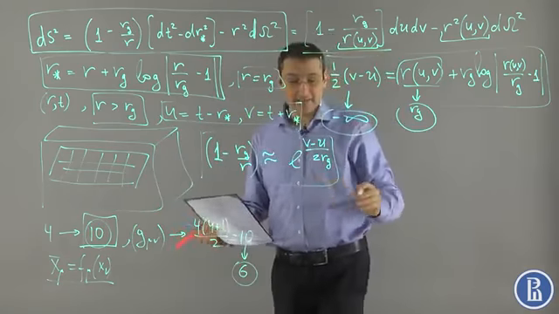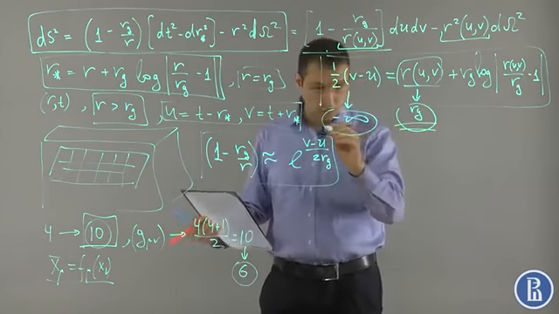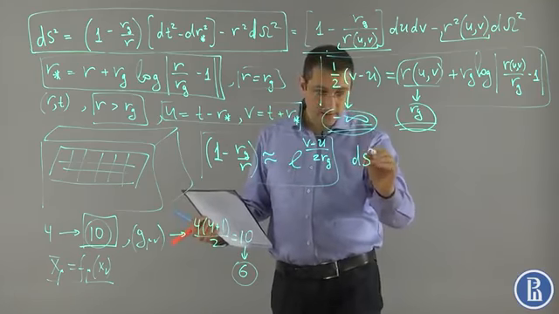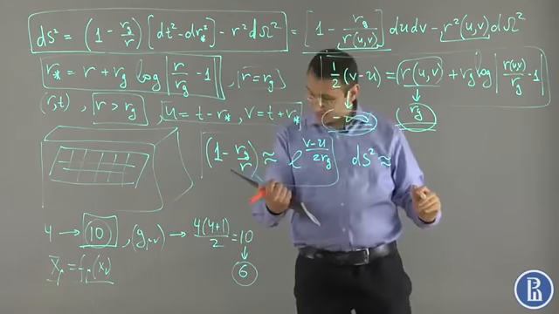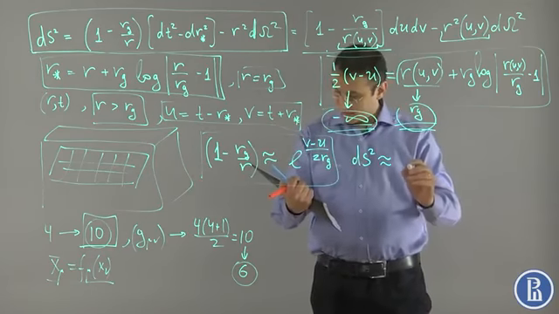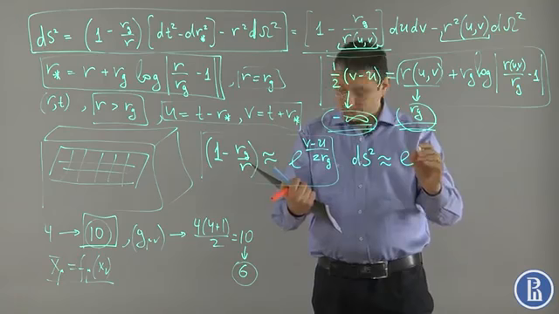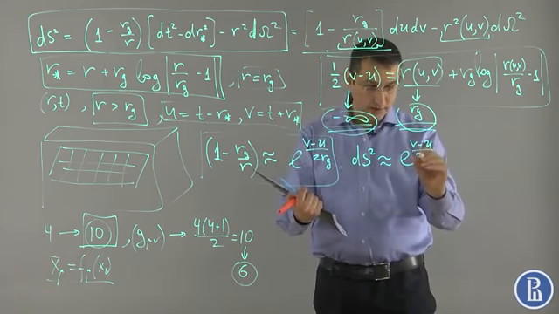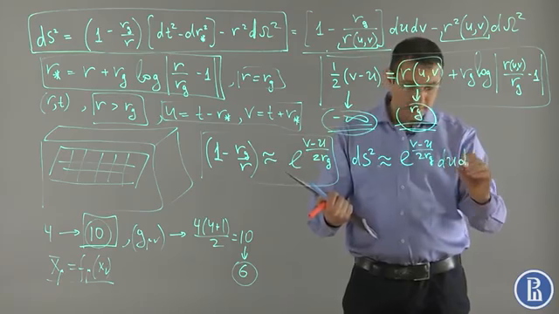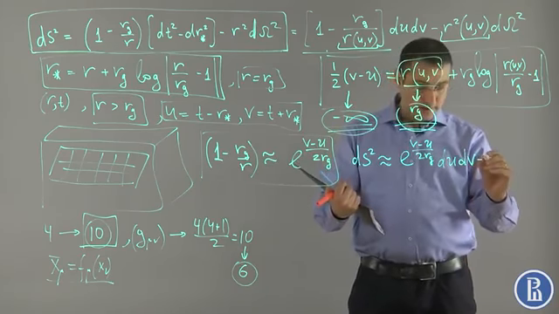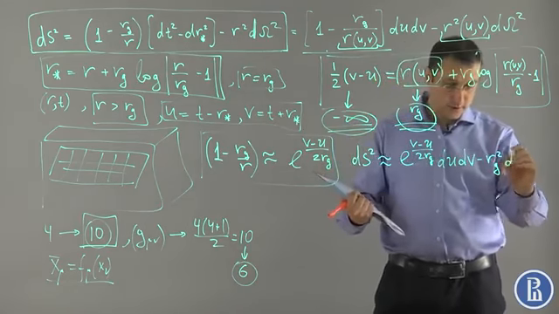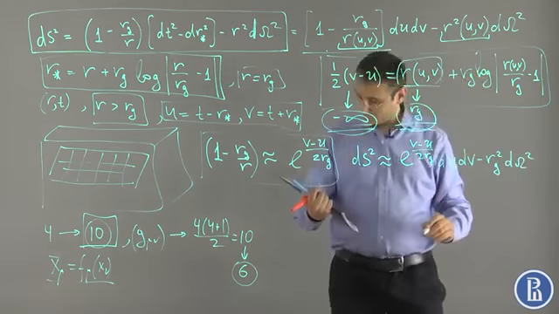So in the vicinity of this point, the metric is approximated like this. It is exponent of (v minus u) divided by 2rg du dv minus rg squared d omega squared.